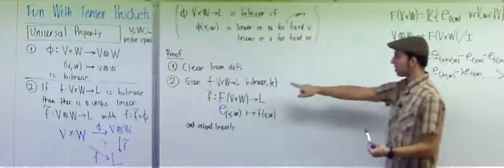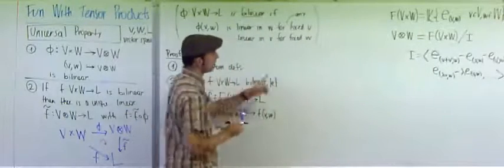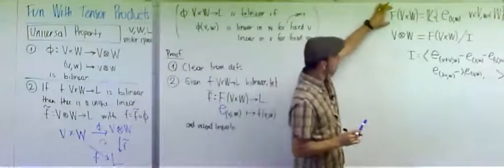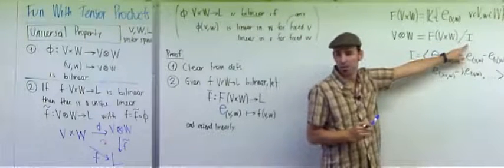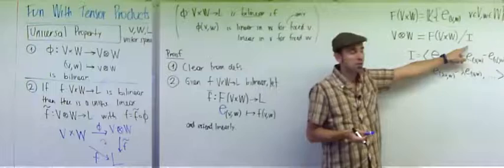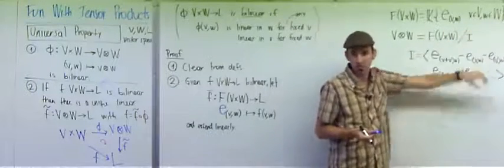Okay, and so here I have my function from this space to L, and now I want to make it descend to this mod I. And so to do that, all I have to check is that the function evaluated at I is equal to 0.